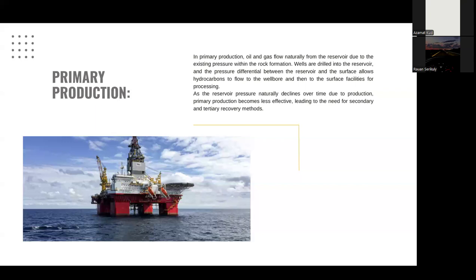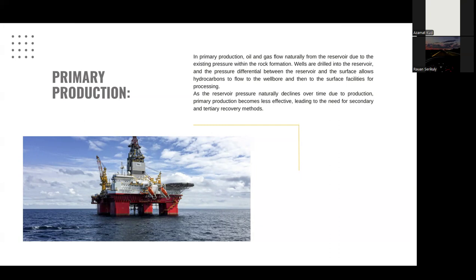So in the primary production, the oil and gas flow naturally from the reservoir due to the existing pressure within the rock formation. These wells are drilled into the reservoir, and the pressure differential between the reservoir and the surface allows the hydrocarbons to flow to the wellbore and then to the surface and facilitates the processing.